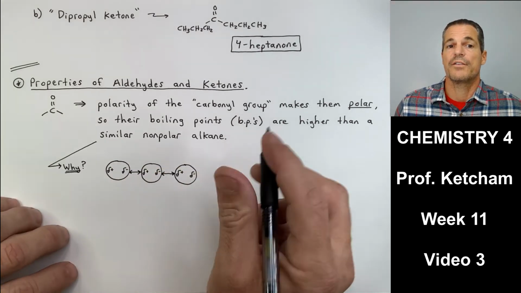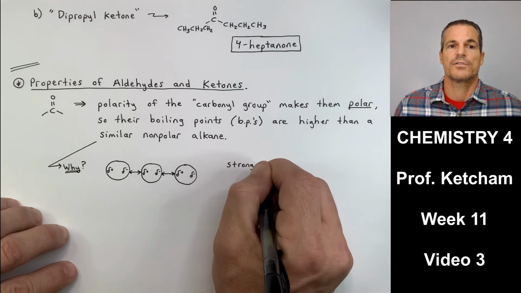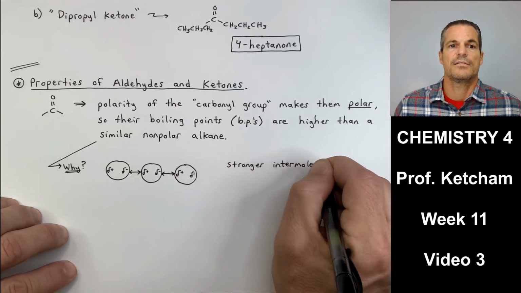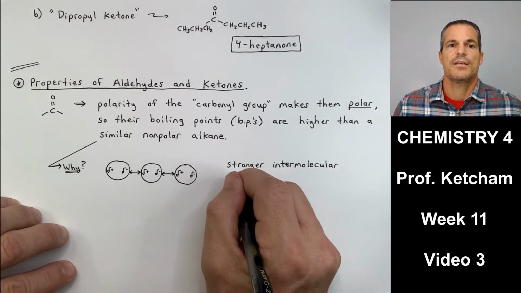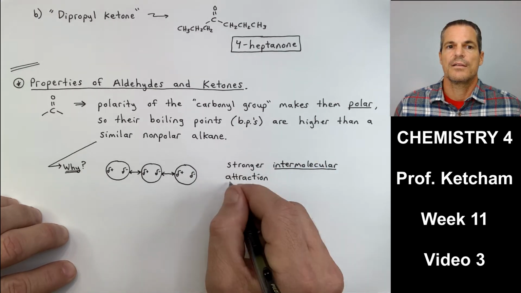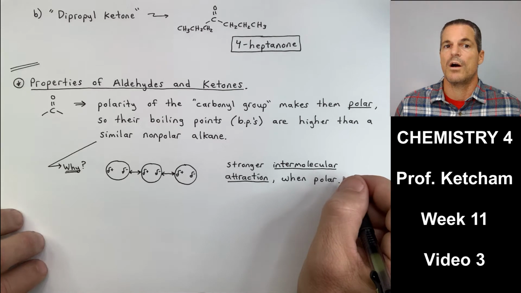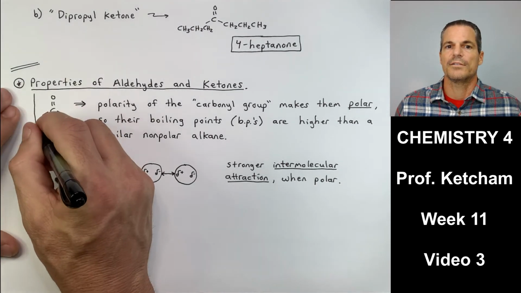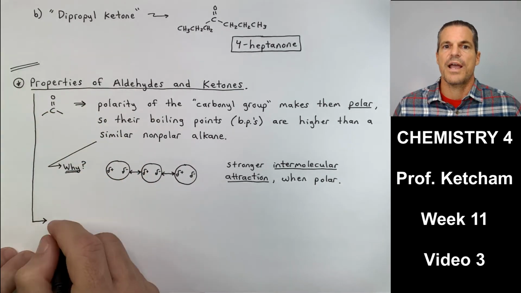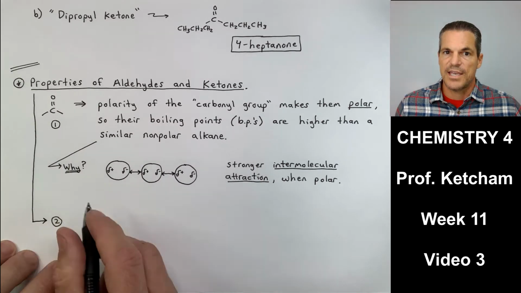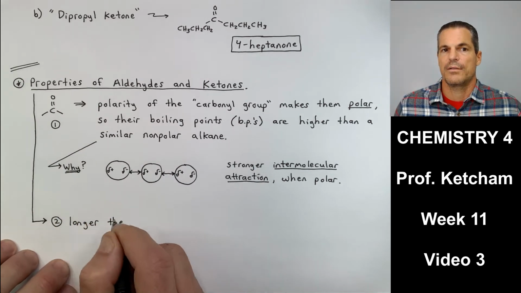Well, I'm drawing 3 little representative molecules with the polarized delta plus and delta minuses, and a plus and minus attract, right? So you see how those double-headed arrows, those are attractions between molecules. If you're going to boil something, you've got to break those attractions, right? You've got to crank up the heat, in other words, the higher boiling point.